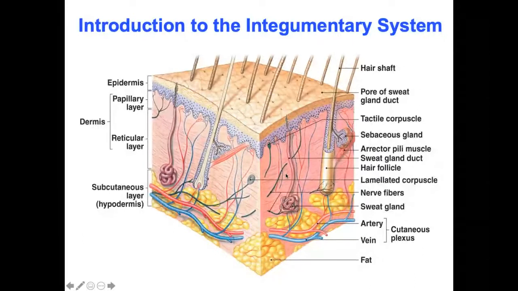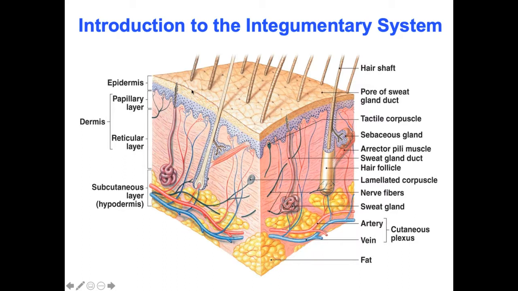And when we look at skin, I'm going to pause in a second, but the integumentary system, especially the skin, is one of the first systems that's great to get into because it has all 4 types of tissue. We have epithelium here. Epithelium is in the epidermis, right?